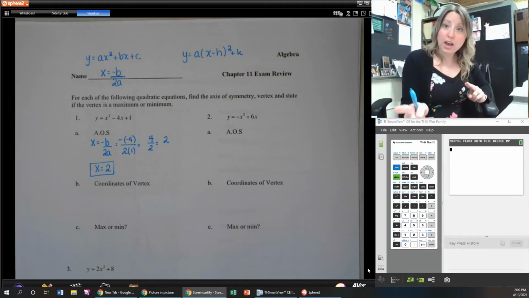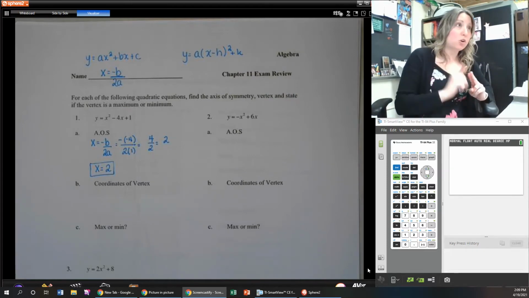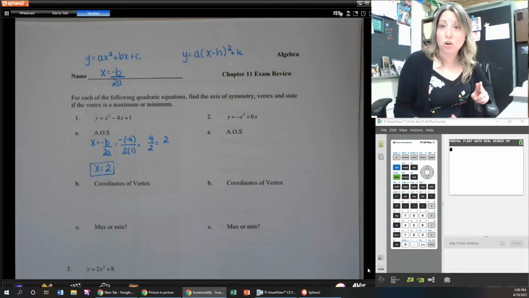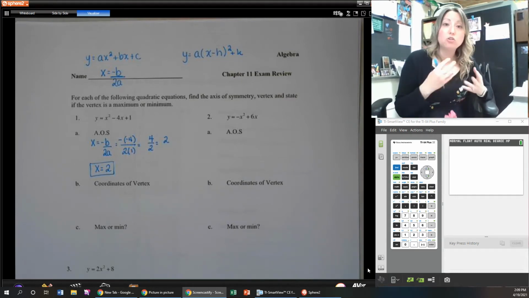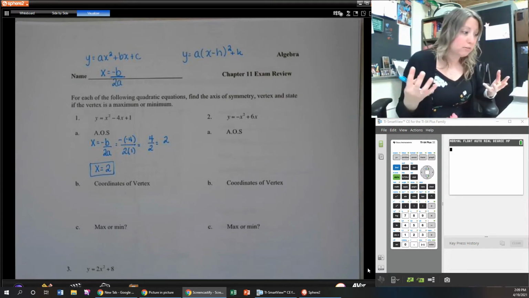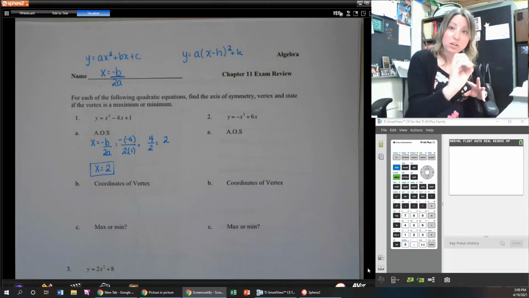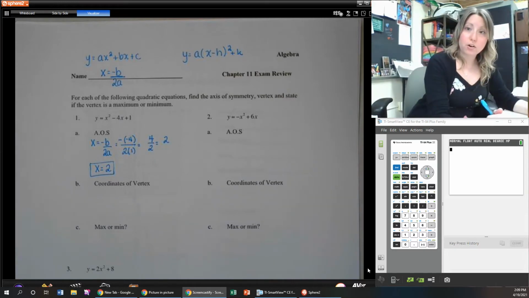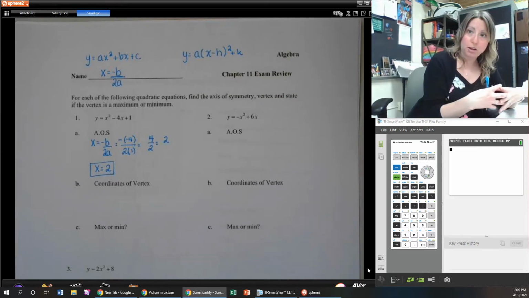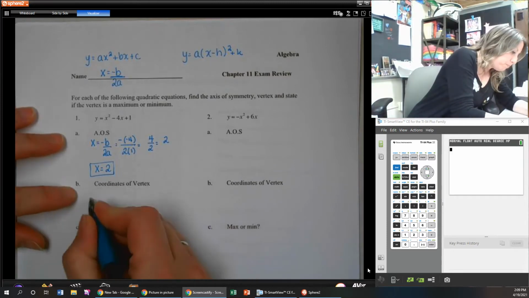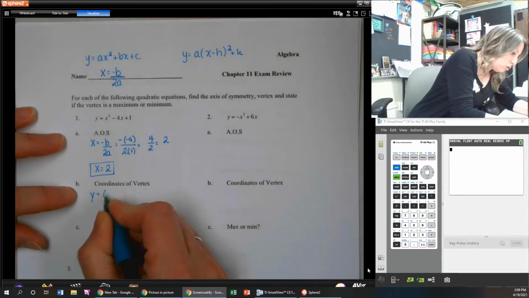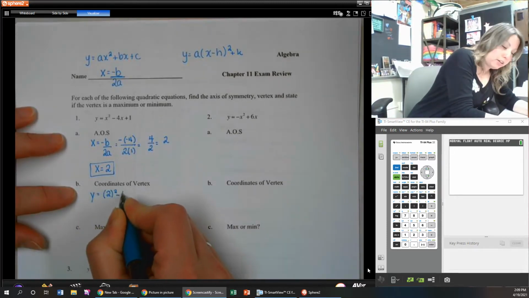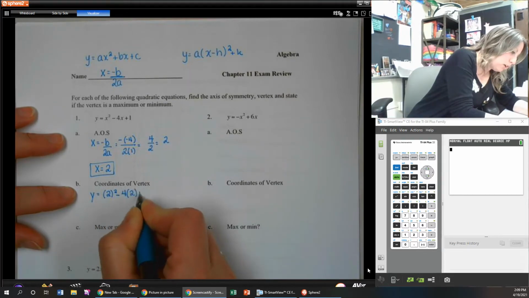Next, I use that x value because the vertex is always on the axis of symmetry line. It's that turning point, where your parabola turns back around. If I plug this x value back into the original function equation, I can find the matching y. So y equals 2 squared minus 4 times 2 plus 1.